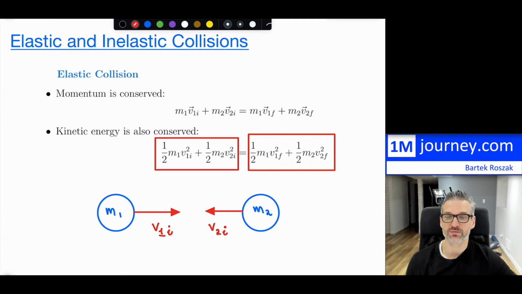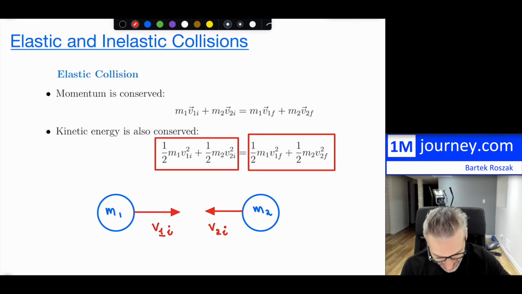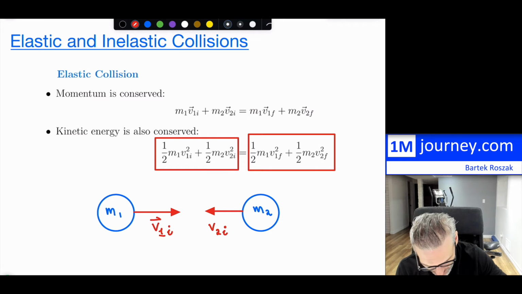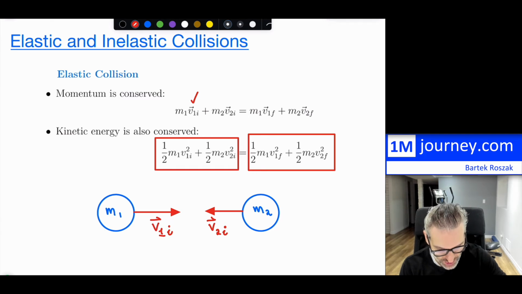Of course, the speed could also be 0, which means one of them is not moving. You can't have both of them 0 because then there's not going to be a collision at all. So that's how we define these. Now, because they are vectors, we can certainly put little arrows, the vector symbols, right above them, and that's what you see right here in the momentum equation.